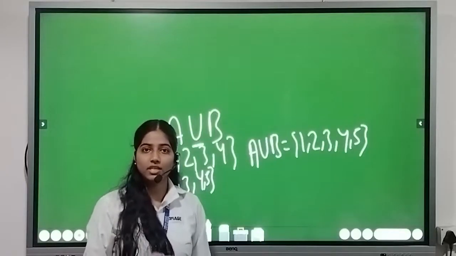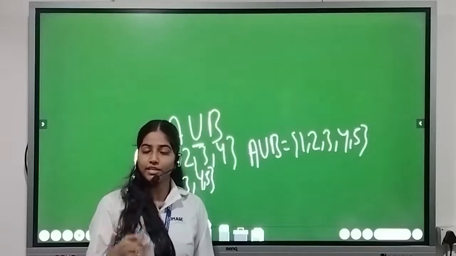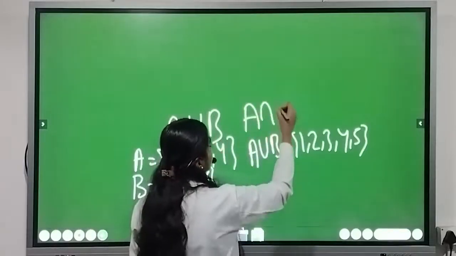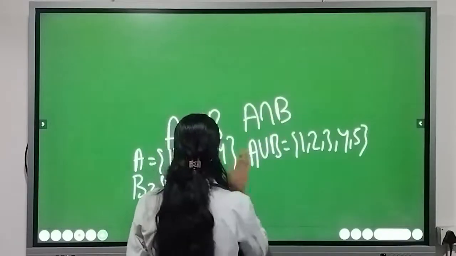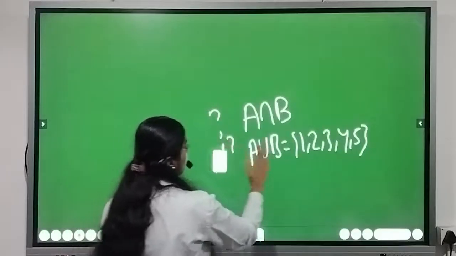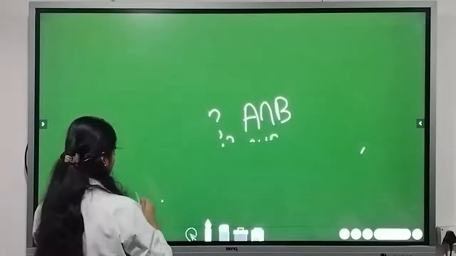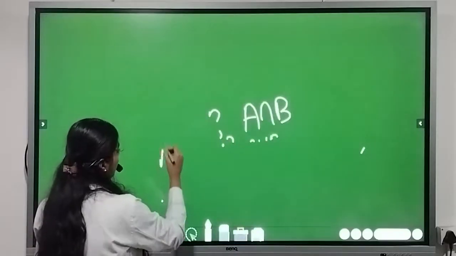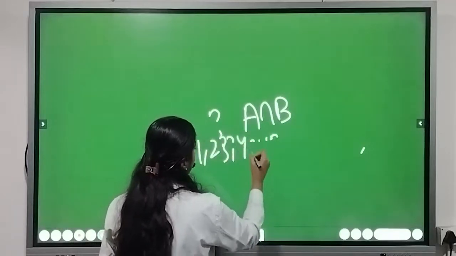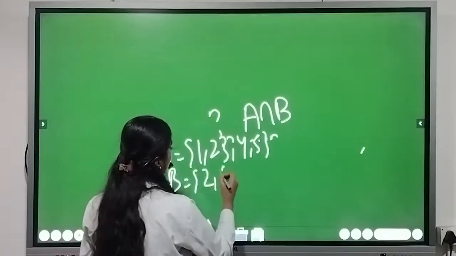Moving on to intersection, let A and B be two sets. If there is a common element between set A and B, it is called intersection. It is just the opposite of union, A intersection B. A is 1, 2, 3, 4, 5 and B is 2 and 5.